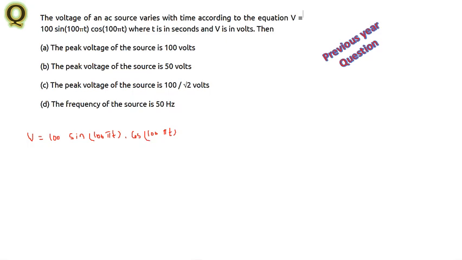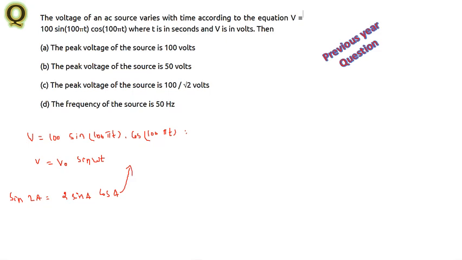Right, this one we just compare with the equation V equal to V naught sin omega t. That means we just convert this one to sin A cos A. What is the formula here? The sin 2A formula. According to this equation, we'll arrange it over here.